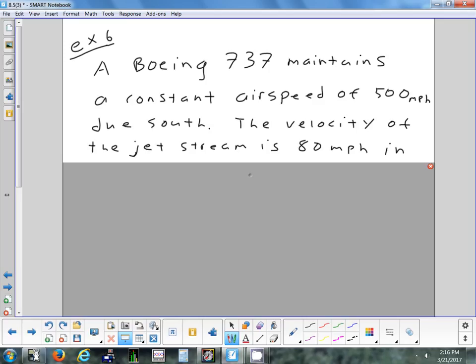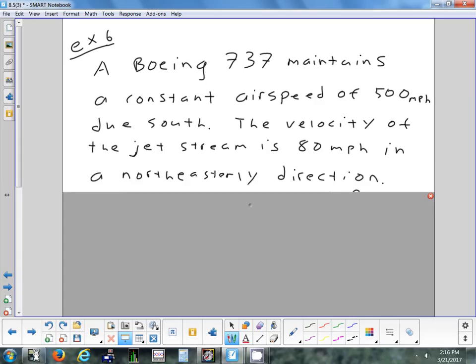So in this particular problem, if you just want to write down airspeed equals 500, that's all you need to know from that, and the direction of the plane. The plane is going south. It's flying and there's a jet stream of 80 miles an hour, and the jet stream is blowing northeast. Exactly northeast.